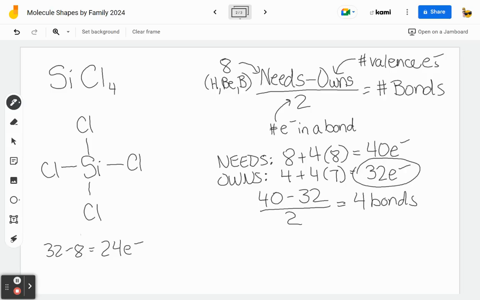We have 24 left. So each chlorine has 2 right now. The next step is to always satisfy the outside elements. So each chlorine wants 6 more. 6 times 4 is going to be my 24 left.